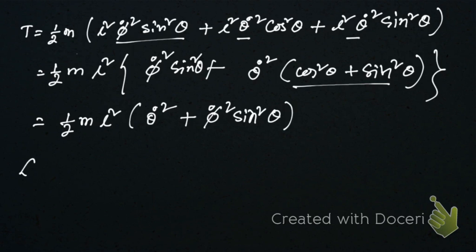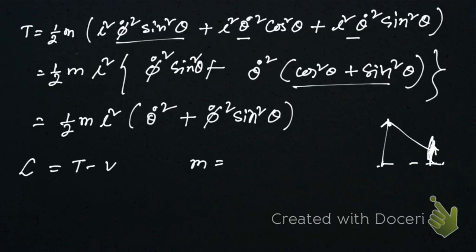We know that the Lagrangian L is equal to T minus V, and in this case you see this is the pendulum, right? This is the y-axis, and V should be like this, the potential energy. As it is going upward along the y-axis, that's going to be given by mgy. This is the potential energy.